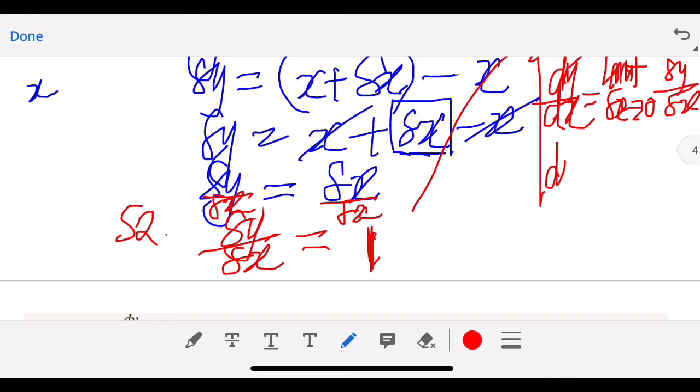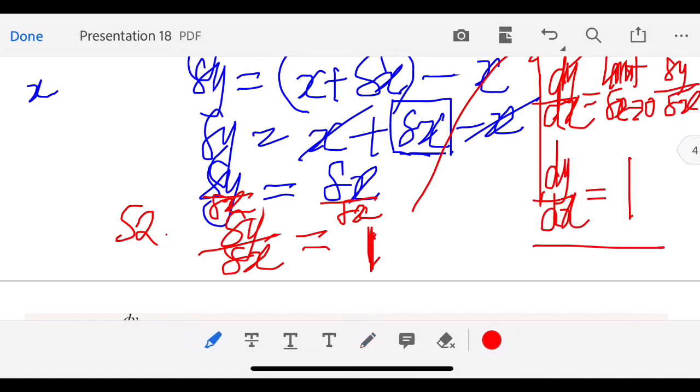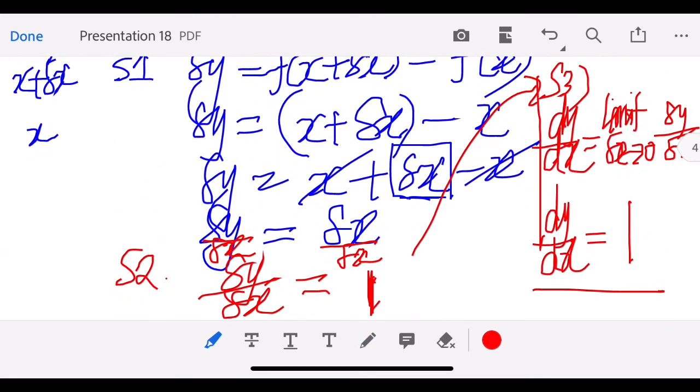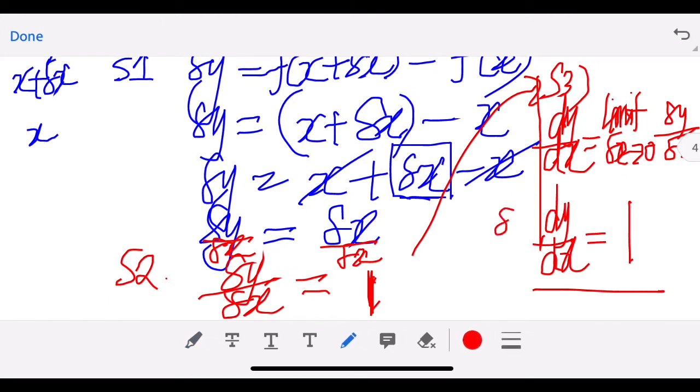That means dy dx is equal to delta y over delta x, which is 1, which is not affected by delta x. Even though delta x approaches 0, it is still 1. So that is how you find the first derivative using the first principle. Got it? So there are 4 steps: step 1, step 2, step 3, and step 4.